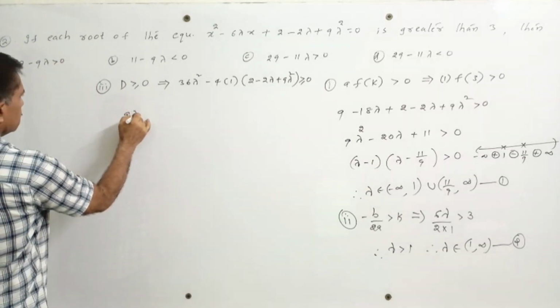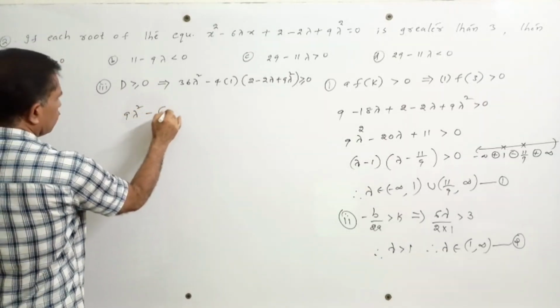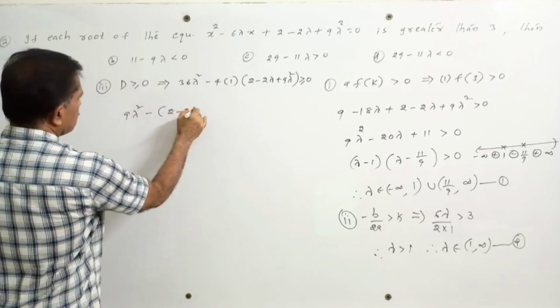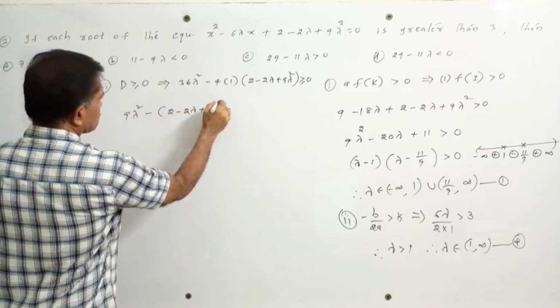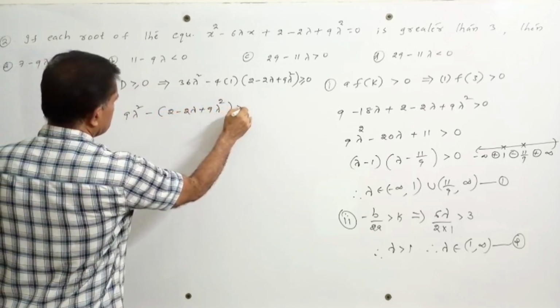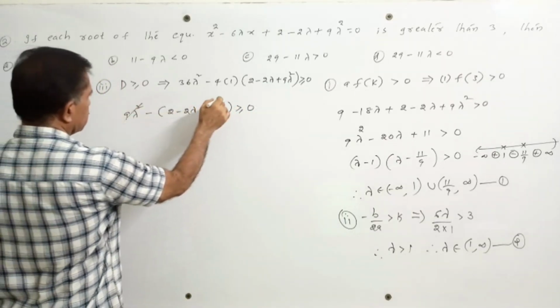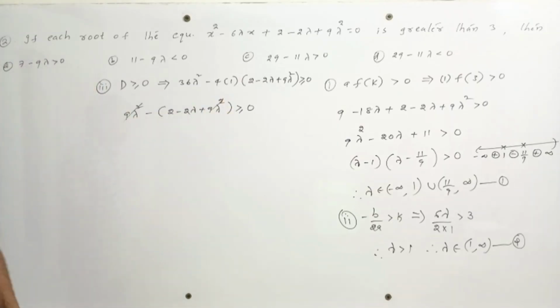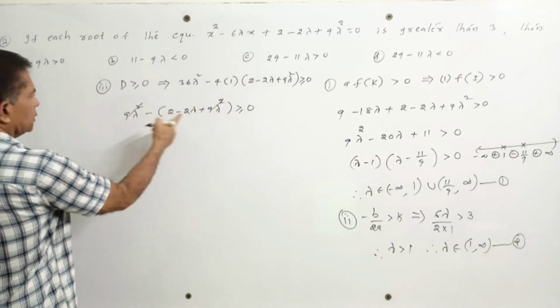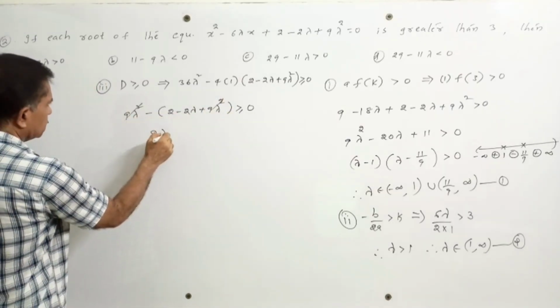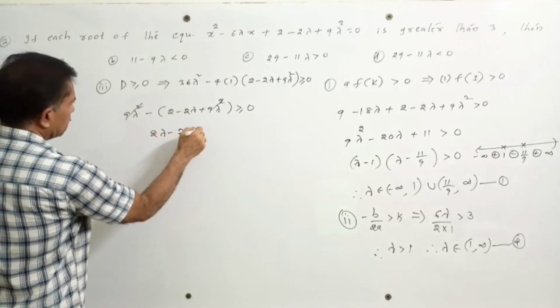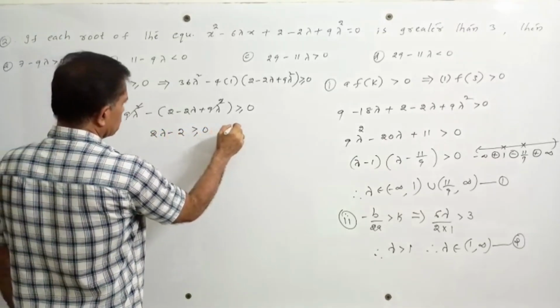It is 9 lambda square minus of 2 minus 2 lambda plus 9 lambda square greater than or equal to 0. See that 9 lambda square minus 9 lambda square will get cancelled. It is minus into minus plus, 2 lambda minus 2 greater than or equal to 0.